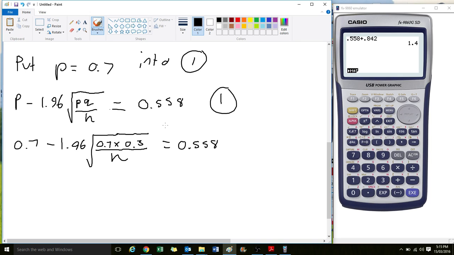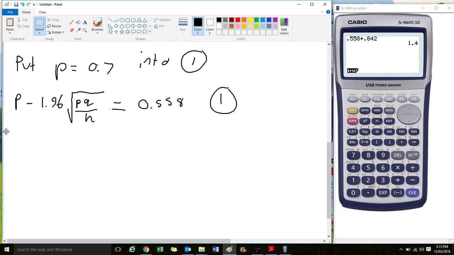So we're trying to get N by itself here, so we're going to need to do a bit of algebra. Maybe what we'll do is the algebra first and then perform the operation. So let's rearrange this formula to get N by itself. The very first thing we're going to do is take P from both sides.